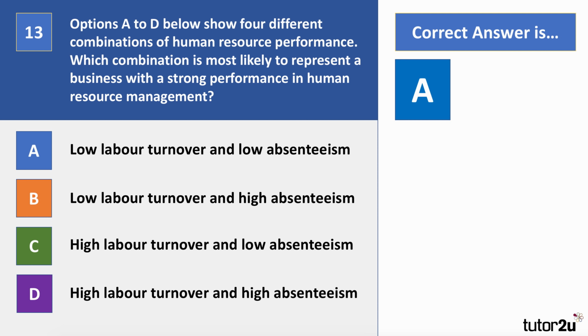And similarly, absenteeism, the percentage or proportion of people who are absent from work when they should be in work. Again, low absenteeism is associated with good HR performance, whereas high absenteeism is clearly a big issue for a business and is weak performance. So that combination of low labour turnover and low absenteeism is the right answer for a business that's performing well. Answer A.